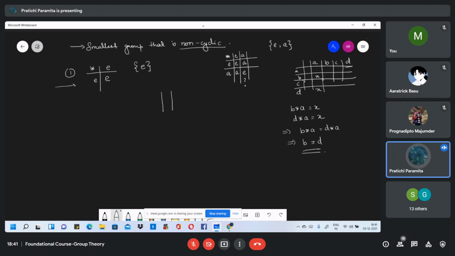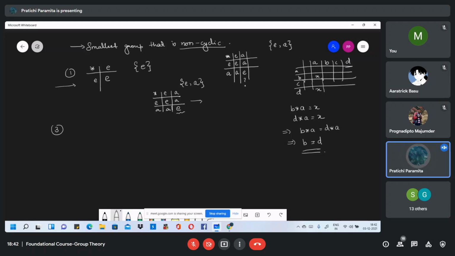Similarly, if I have to do it for groups of two elements, say E and A, then I know that this has to be E and A and E. So this has to be E. This can't be A. That means again, up to isomorphism, there is only one group of order 2.